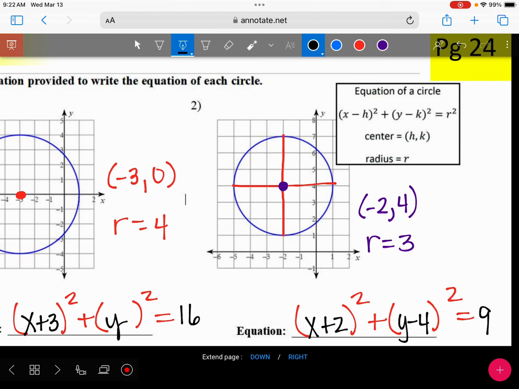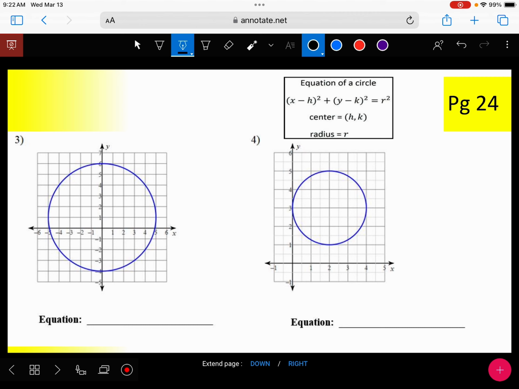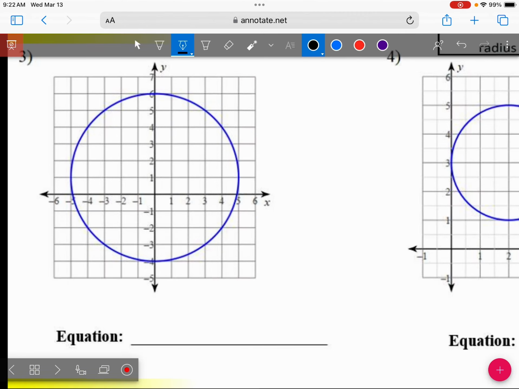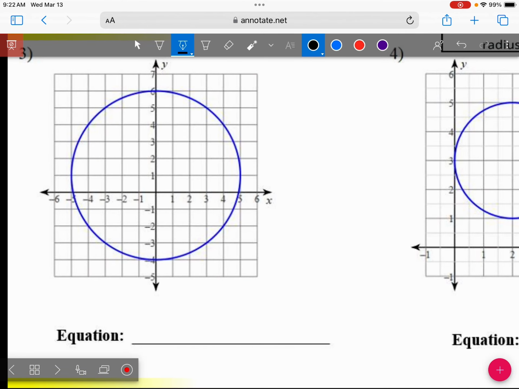Okay, that wasn't so bad. Let's kind of work through it together real quick. So for number 3, what's the center?